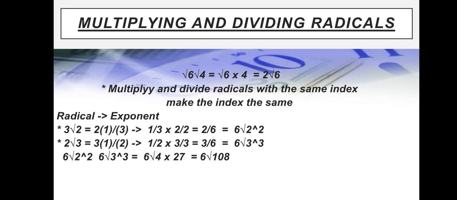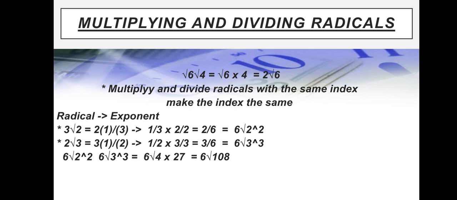Cube root of 2 is equal to 2 to the 1 over 3, which is equal to 2 to the 2 over 6, so the sixth root of 2 squared.